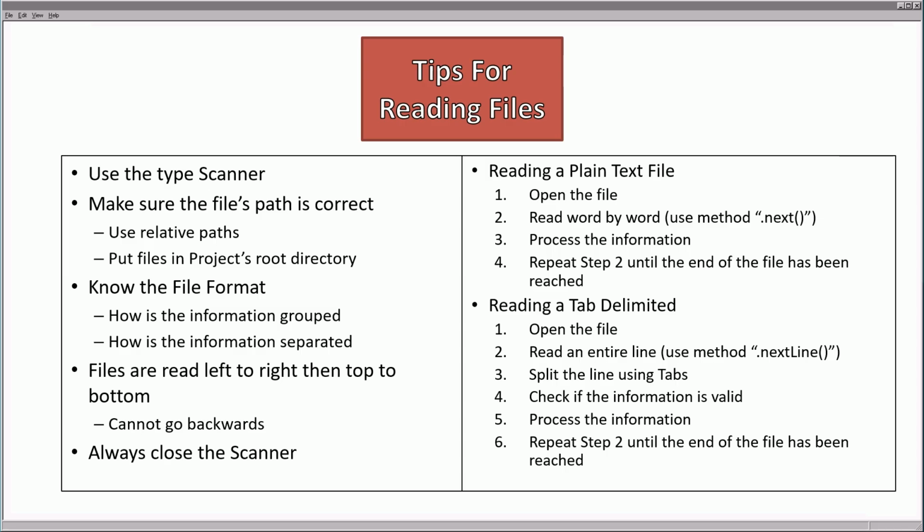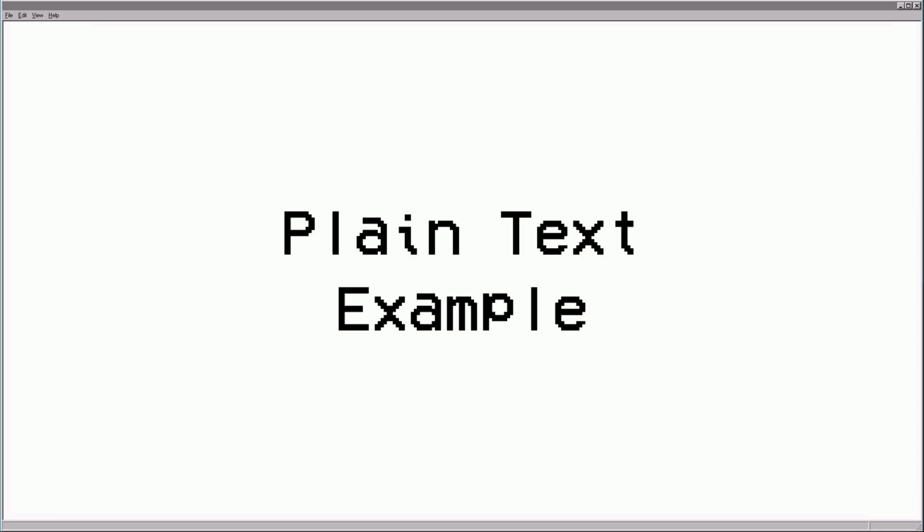Then you split up the information by using the tabs themselves. After that, you check if the information is valid and then process that information as long as it's valid. We keep repeating step 2 until the end of the file has been reached. We are going to go over how to read a tab-delimited file in a future example, but for right now, let's take a look at a problem that involves reading a plain text file.